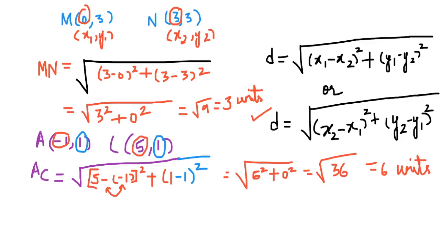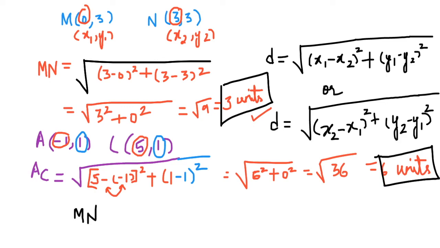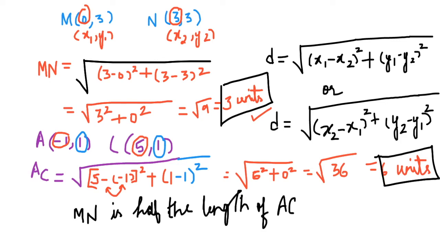Length of MN is 3 units. Length of AC is 6 units. So clearly we can see that MN is half the length of AC. Hence proved. As AC is 6, which is twice MN, or MN is 3, which is half AC.